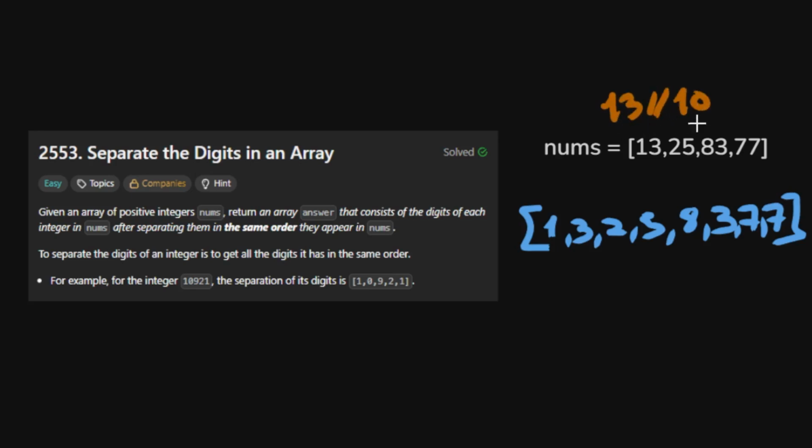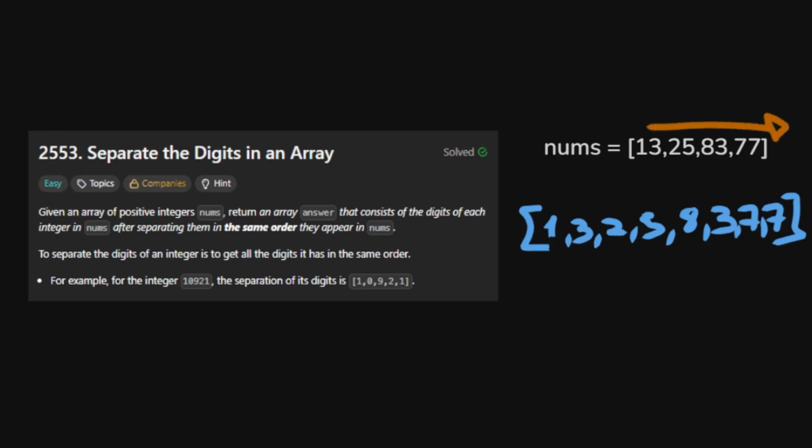So that's how we get the last digit. In this case, the result is 3. Now we are extracting the last digit, and then we repeat the process with every other digit. And by doing this, we don't have to use strings. So let's see the first approach, because I think that's very straightforward and it's enough for this easy problem.